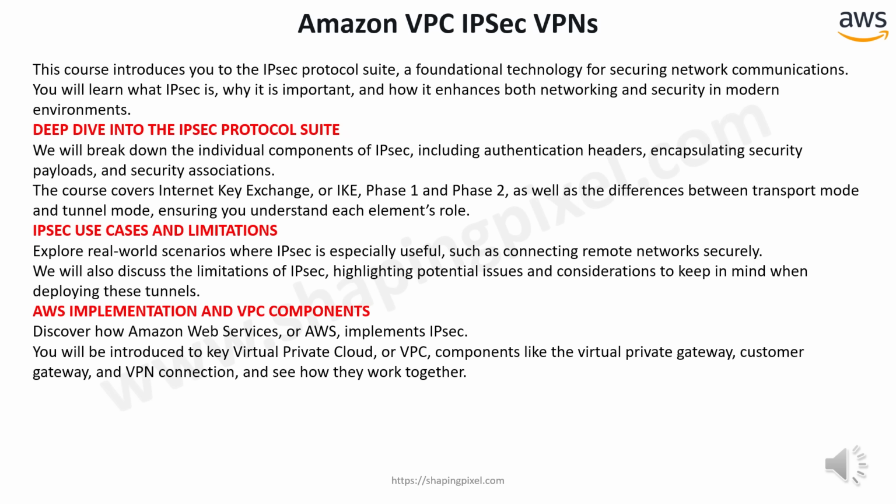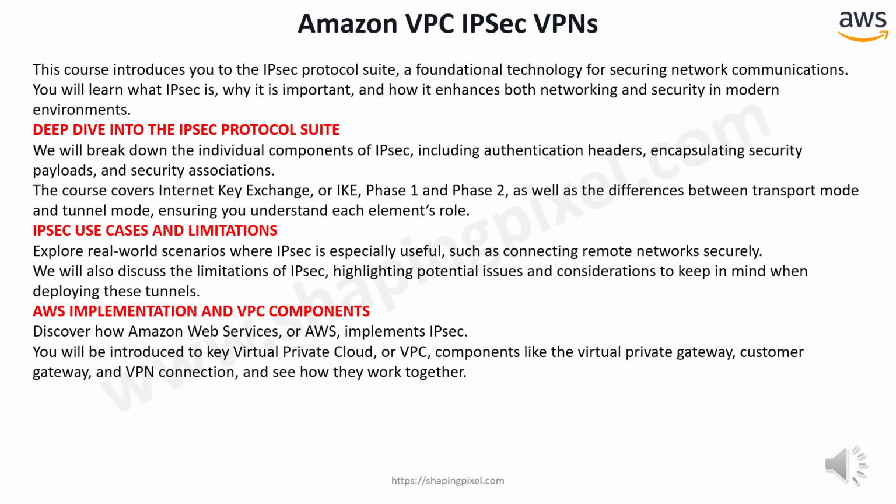Amazon Web Services, or AWS, lets you securely extend your on-premises network into the cloud using a Virtual Private Cloud, or VPC, and an IPsec VPN connection. This setup protects your data as it travels between your corporate network and AWS.